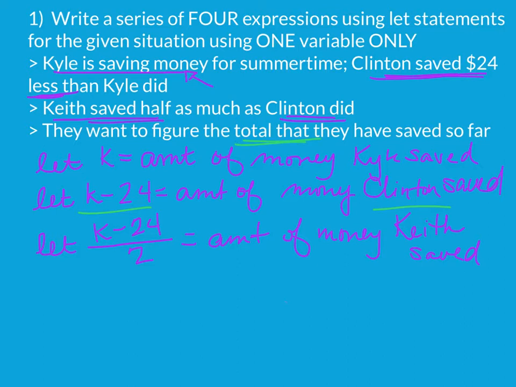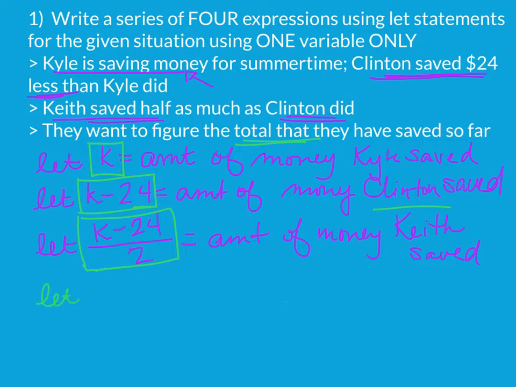Okay. Now the next thing it says is that we want to figure out the total. How do we find a total? We add them all together. So Kyle saved K, Clinton saved K minus 24, and Keith saved the quantity of K minus 24 divided by 2. So we need to add those three things together.